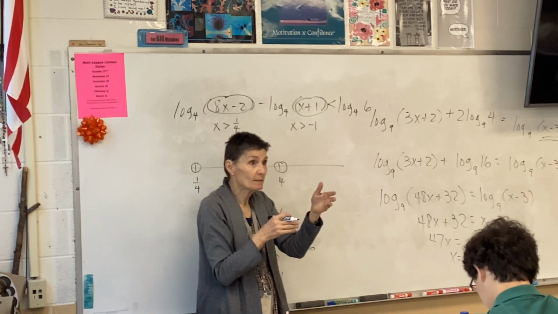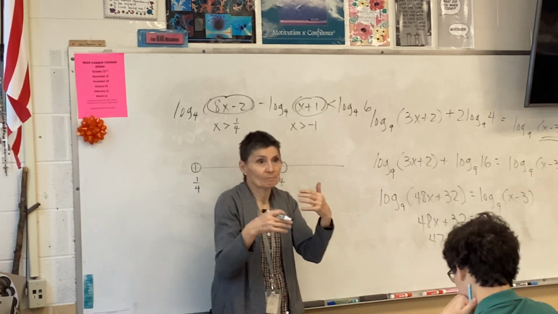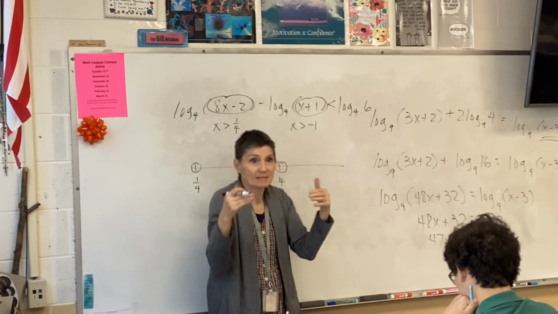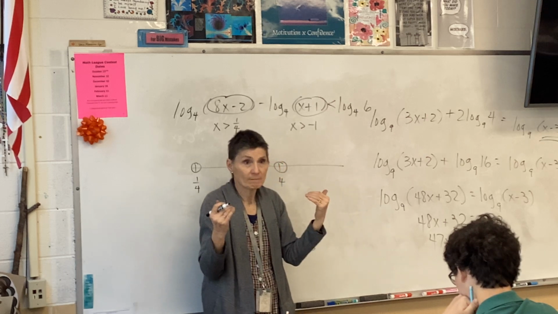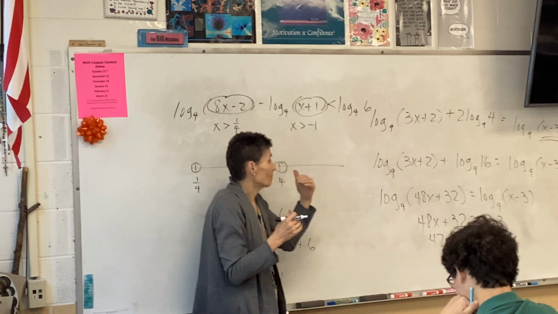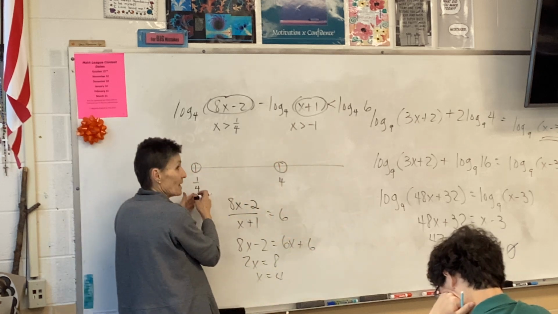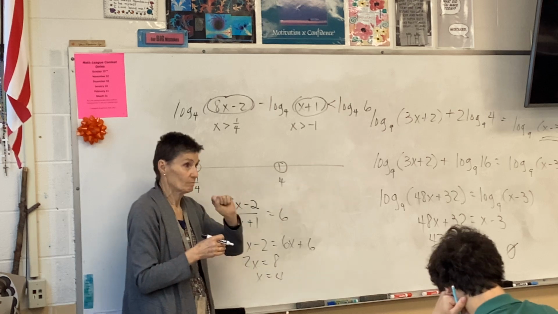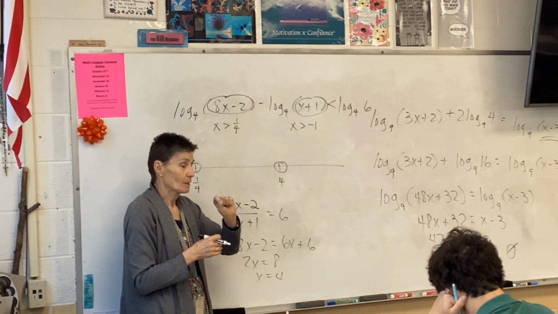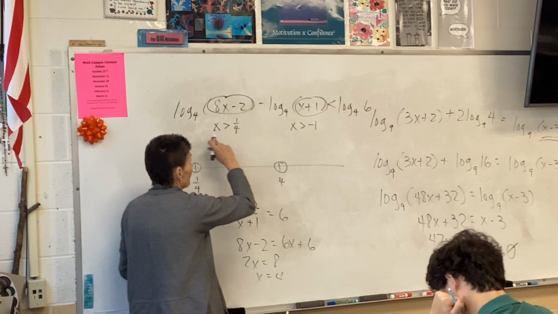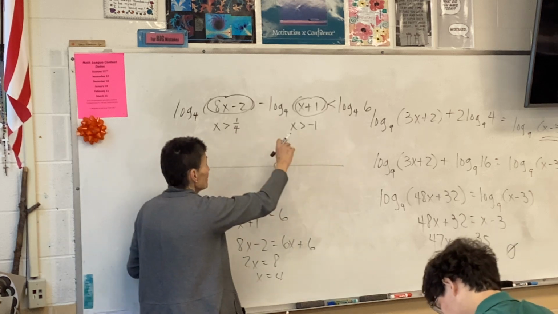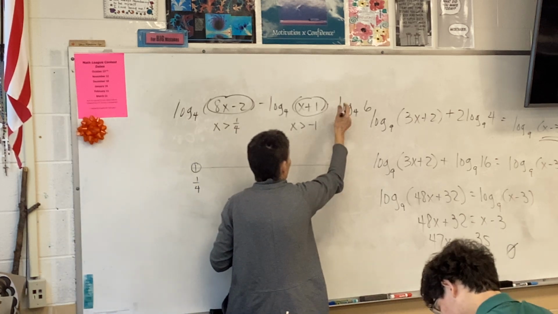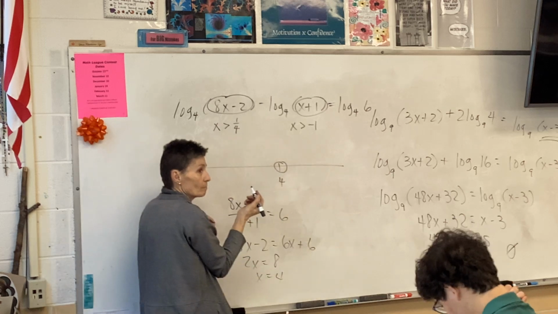You could, but it's going to be wasted work, because no way is it going to work, okay? Nothing down there is going to work. So there's my 1/4. That tells me this problem is starting at 1/4. So then I took my problem here and I pretended for a moment that it was an equals.